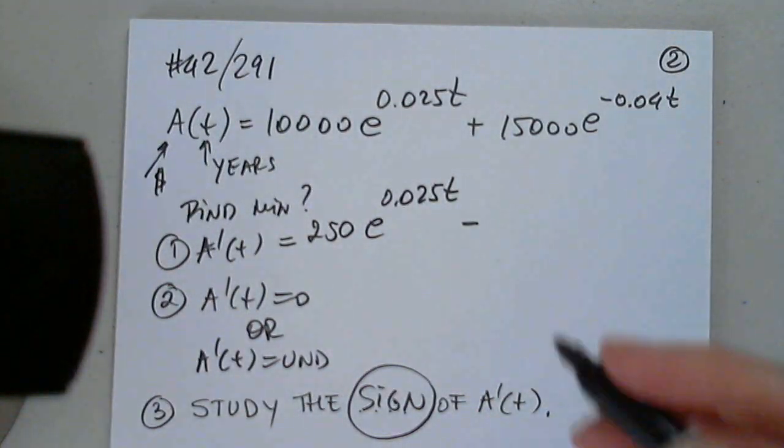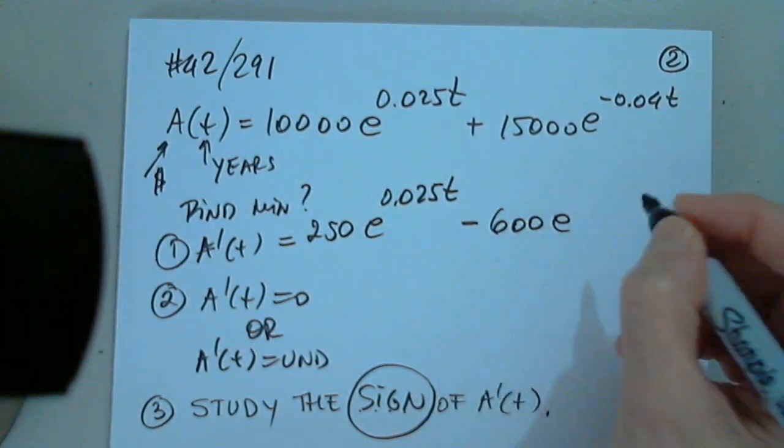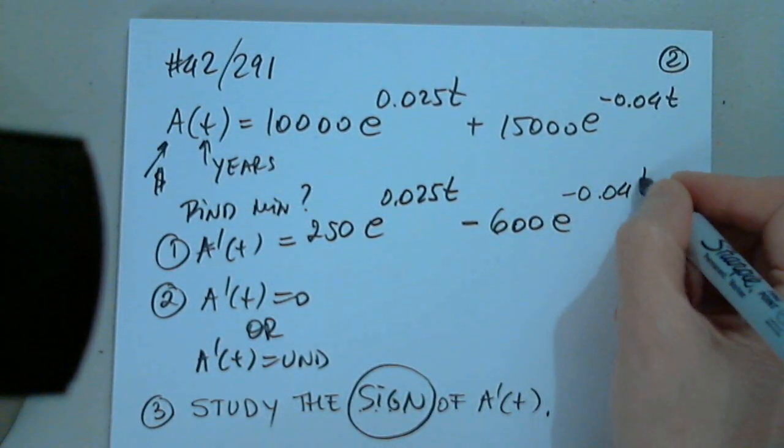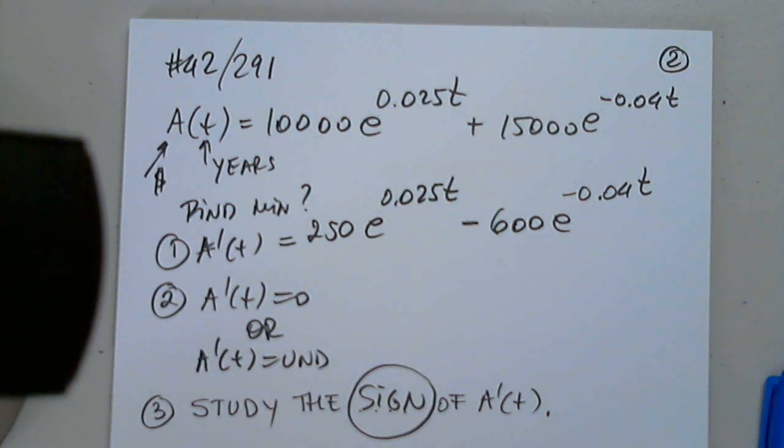Is that what you said? Yeah, I said 600. Thank you. I thought it's not 0.4, negative 0.4. Did I copy the problem incorrectly? I do that a lot. I might have copied that problem wrong, but let me see. I thought it was 0.04.